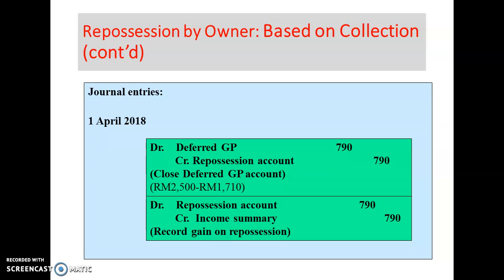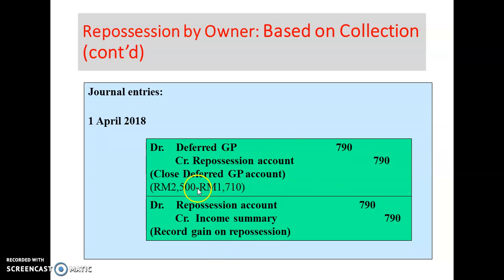Basically, we're gonna close the deferred gross profit account. Remember that last time we had an additional account on deferred gross profit under based on collection. So we have an amount of 790, the difference. For this amount you need to refer back to slide 51, where we calculate the realized profit.